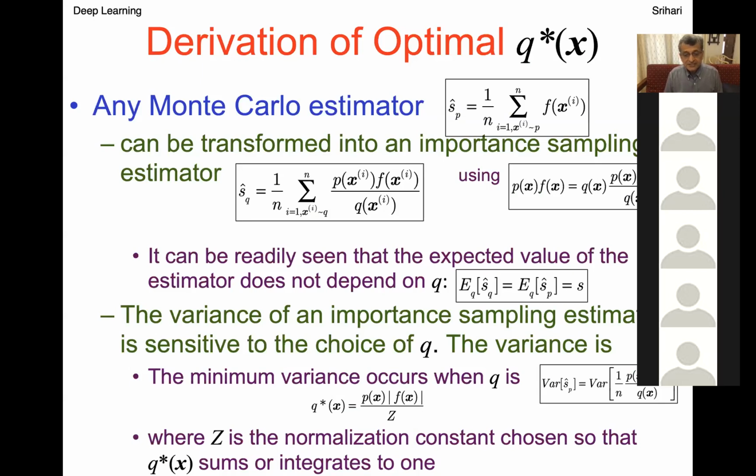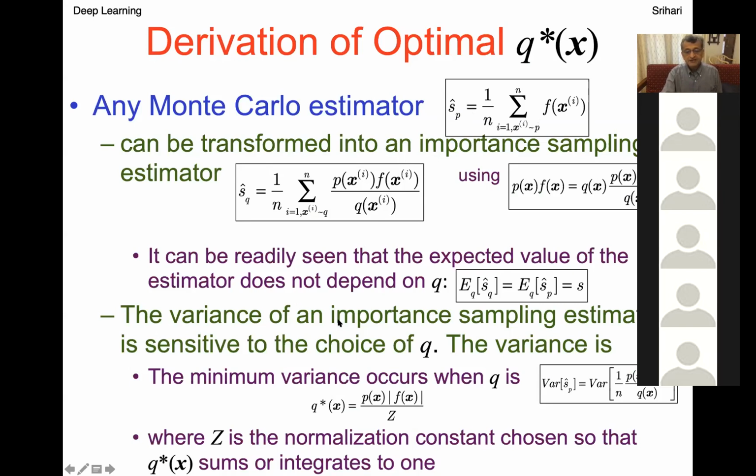Now this brings in the notion of Kullback-Leibler divergence, which plays an important role in machine learning. Although here we're just talking about an optimal Q star of X. So this says any Monte Carlo estimator can be transformed into an importance sampling estimator.